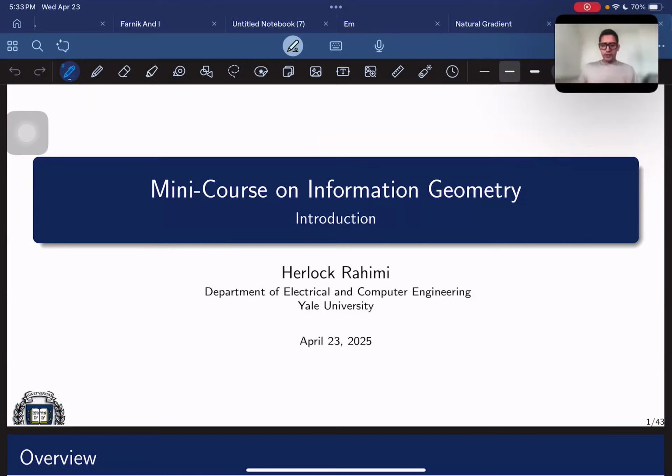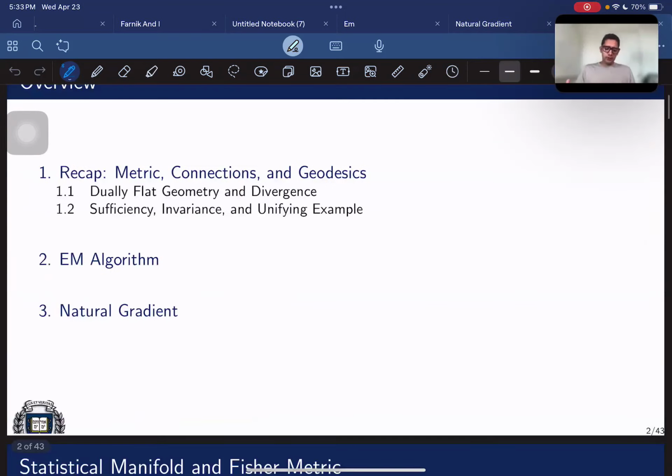Okay. In this session, we are going to exploit all the materials we've learned from information geometry to see its applications in different areas of machine learning as well as reinforcement learning. I start with a quick recap of what we've learned until here from the essentials of information geometry. Then I would go through the essentials of the expectation maximization algorithm.